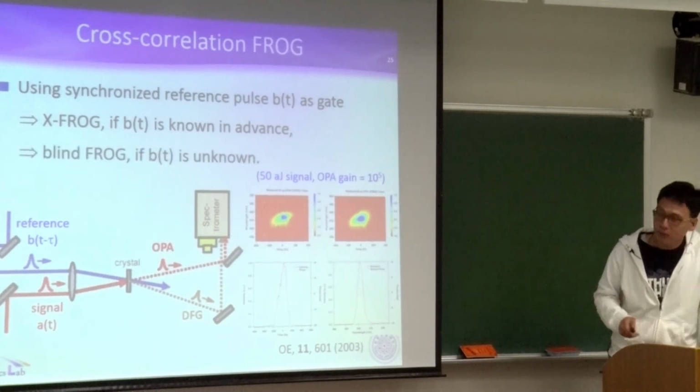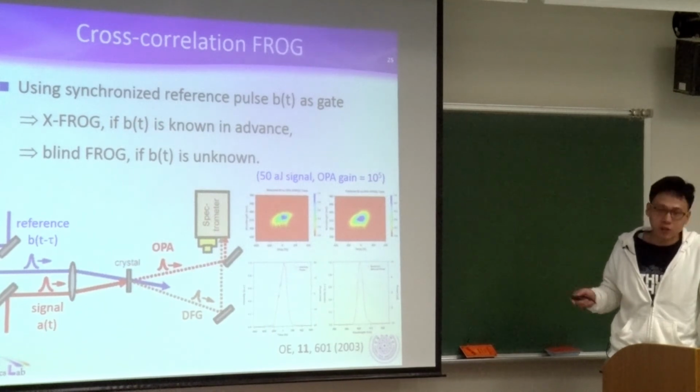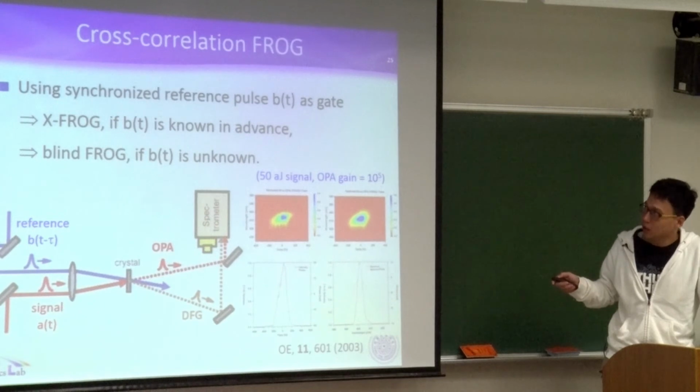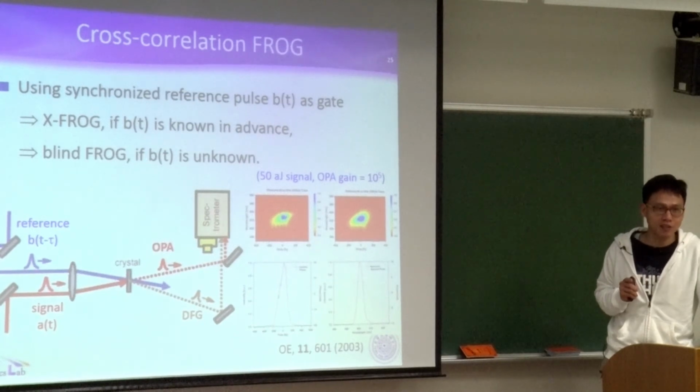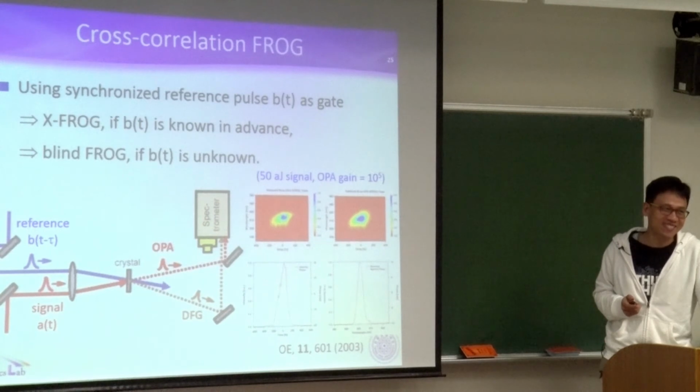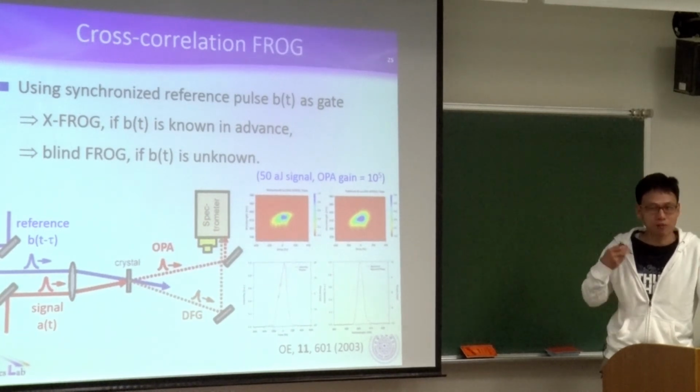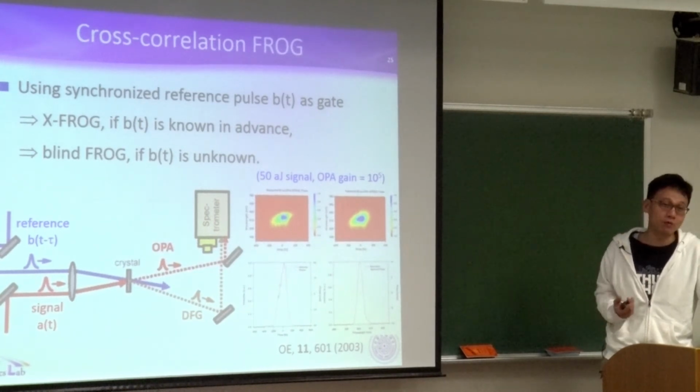And even more surprising, if B of t is unknown, your reference is also unknown, it's still possible to retrieve both A of t and B of t simultaneously. This is so-called blind FROG. So you have cross-correlation FROG, you have blind FROG.